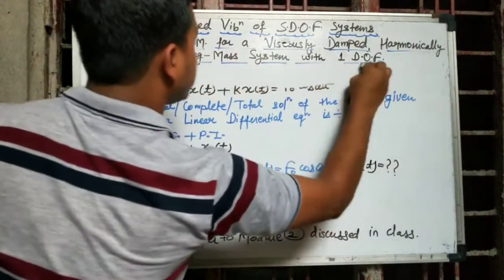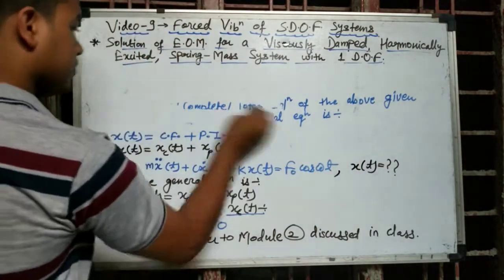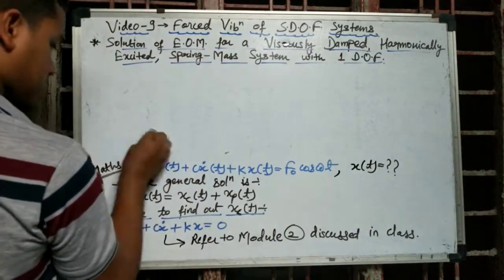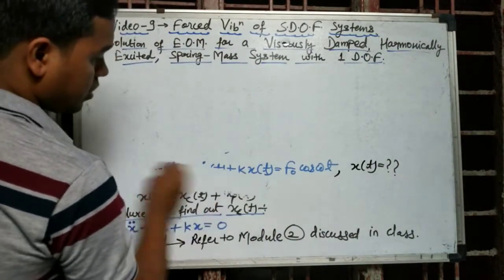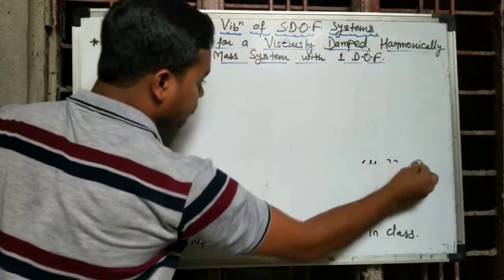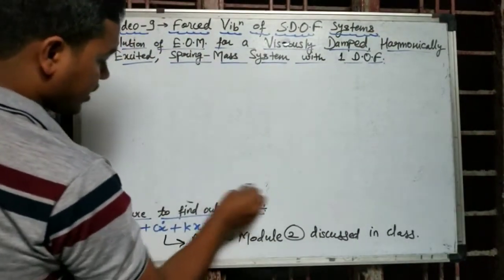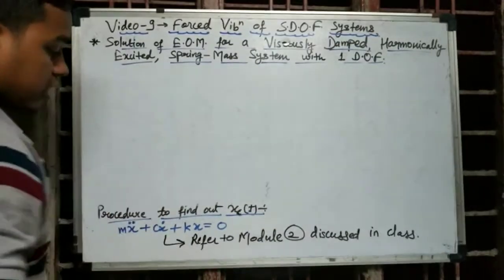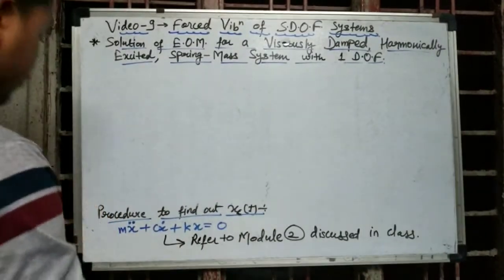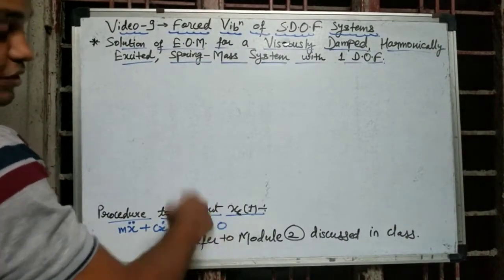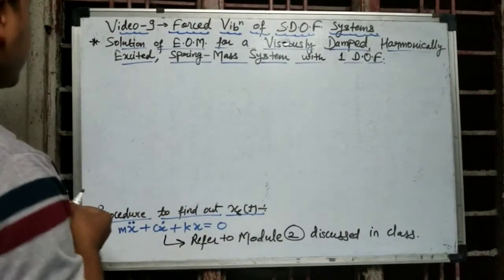Now I'll simply write the solution. In order to know the procedure, you need to refer to module number 2. There we have done everything in class and we have found the value of x(t) for such an equation of motion, m x double dot plus c x dot plus k x equals 0.